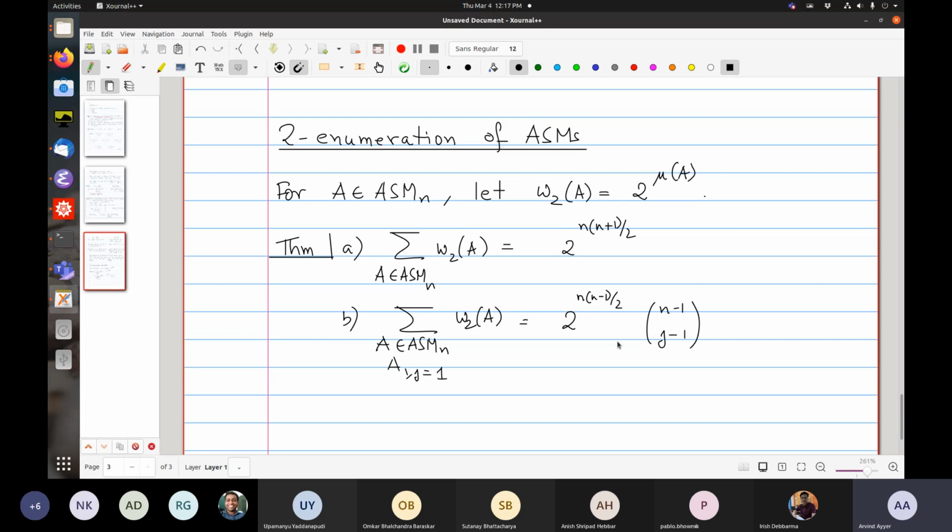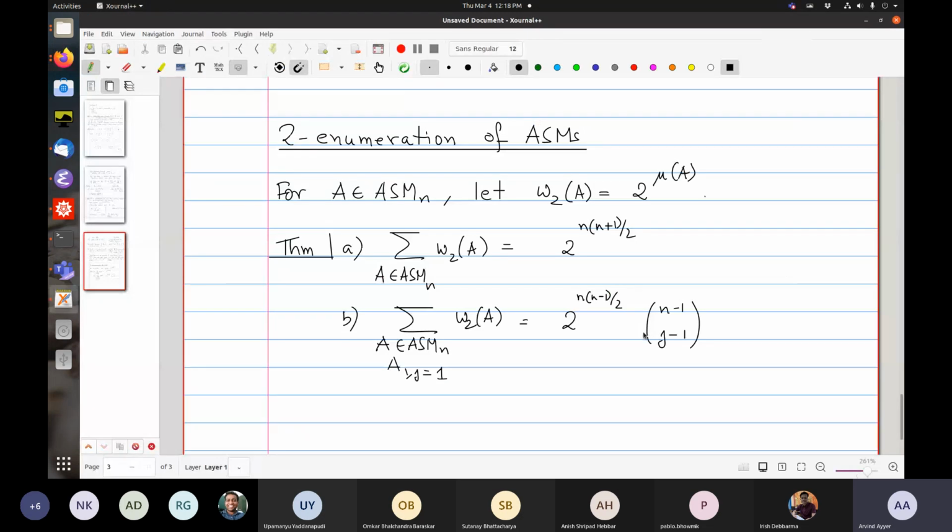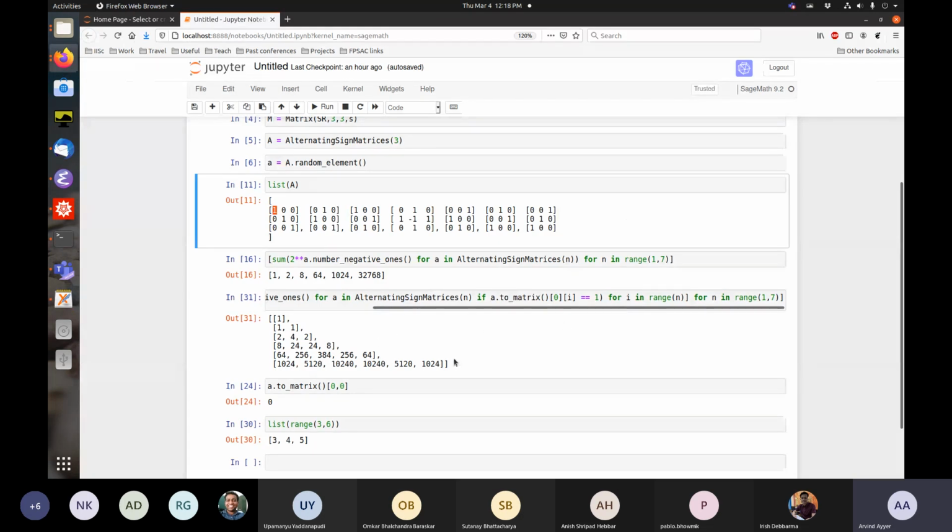And B implies A, because if I sum over j, I'll get 2 to the n minus 1, and when I add that, I'll get n into n plus 1 by 2. What am I doing? Just a second. So j will go from 0 to n. No, I'm making some index mistake. So this is 1 3 3 1 for n equals 4.